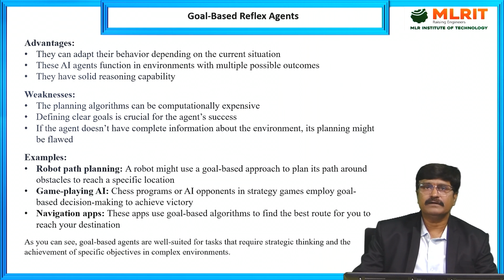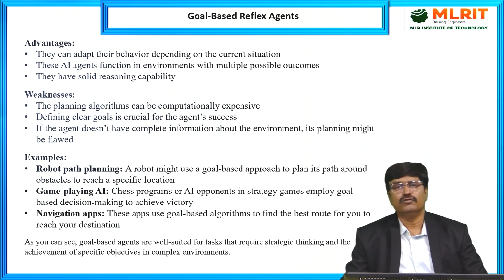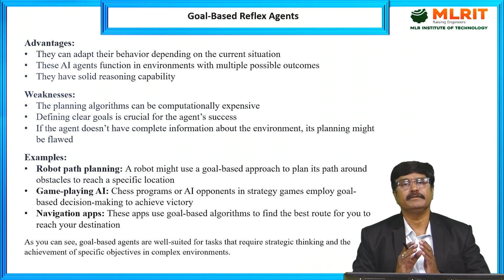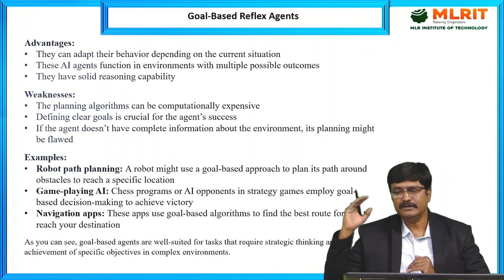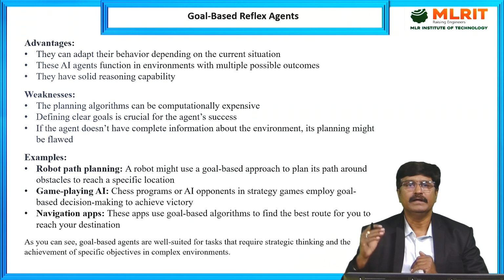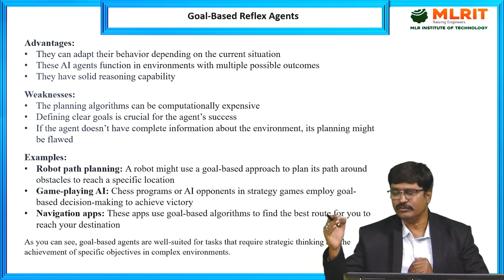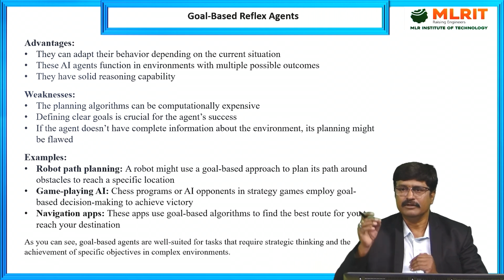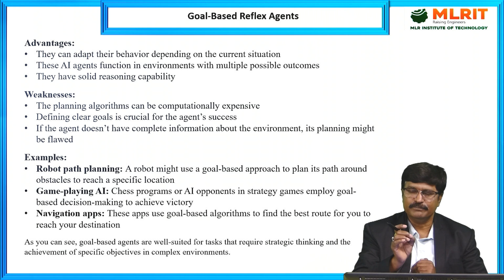Then what are the advantages of goal-based agents? They can adapt their behavior depending on the current situation, and based on that, they adapt immediately. The AI agents function in environments with multiple possible outcomes. It questions, if I take a decision like this, what happens? If I take a decision like this, what happens?